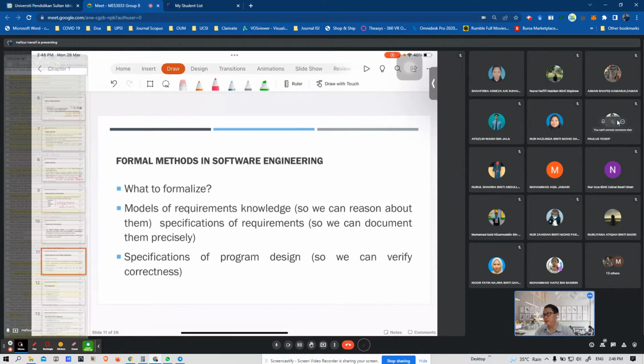First one is the model of requirement knowledge, so we can reason about the system requirement, and after that we look at the specification and requirements, so we can document the specification very precisely. Okay, what to formalize? We formalize the modeling and evaluation.